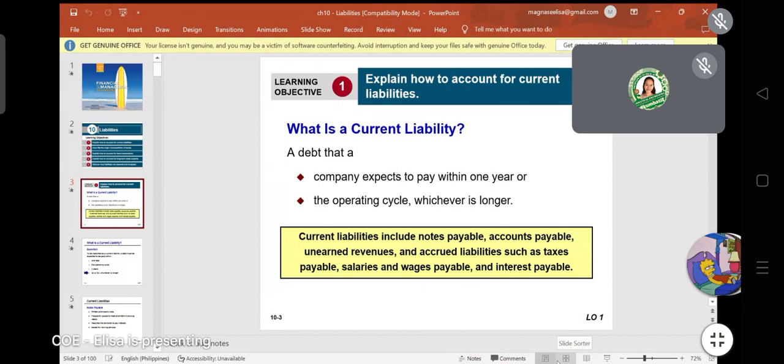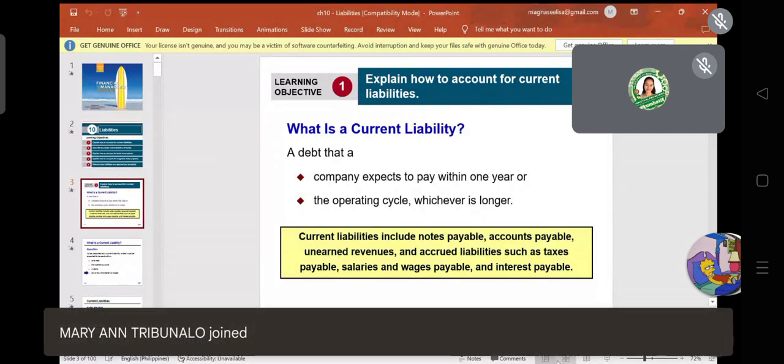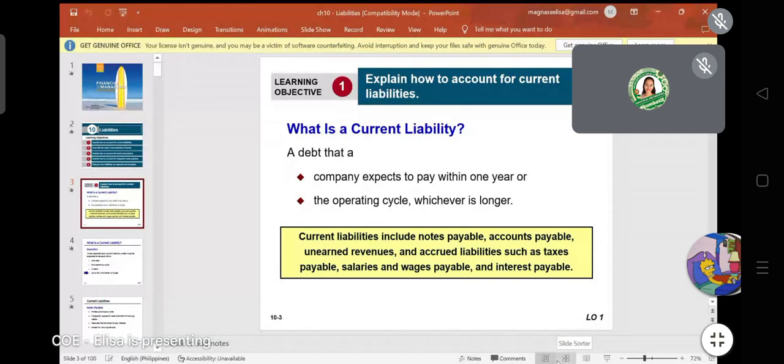Salaries and wages, so normally mo close ang payroll 30, but the giving of salaries will come later. It could come later, 1 week after or 2 weeks after, so that at the close of the month, we will really record salaries and wages payable.